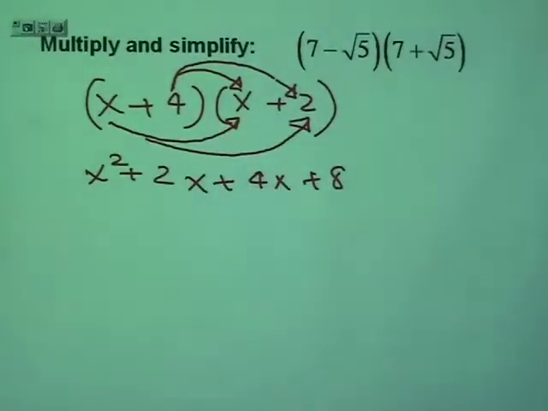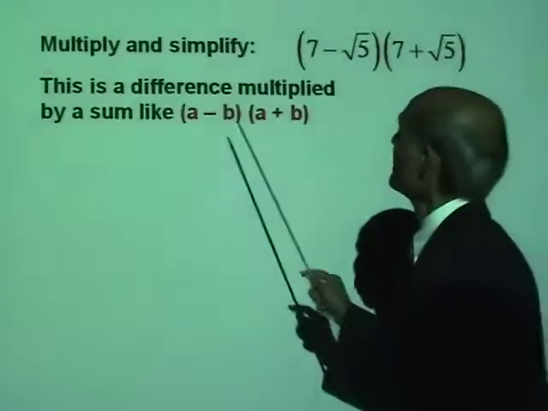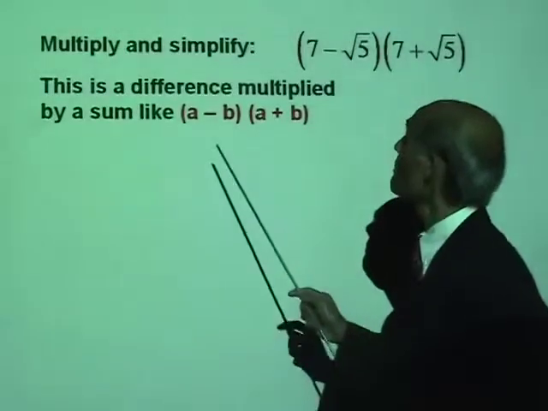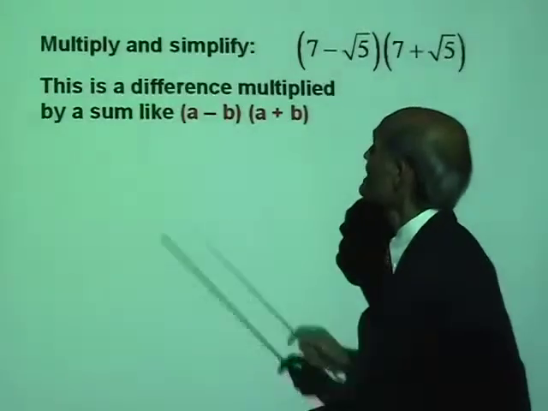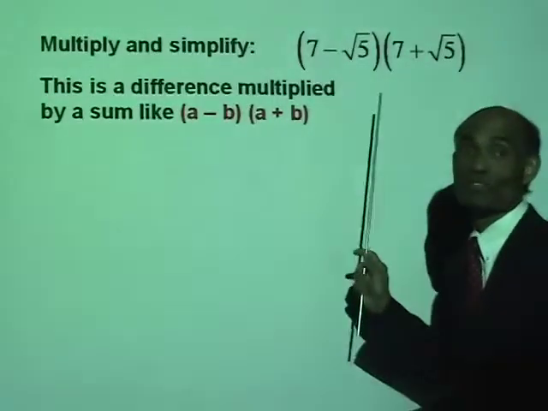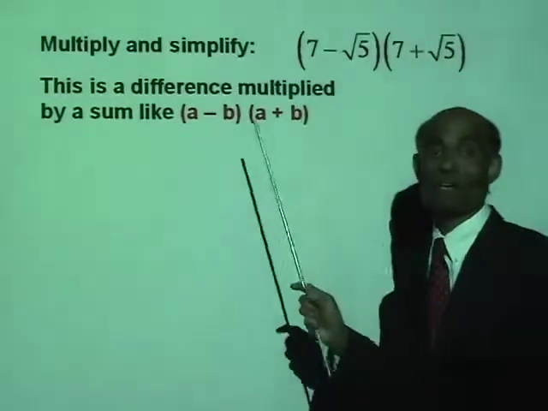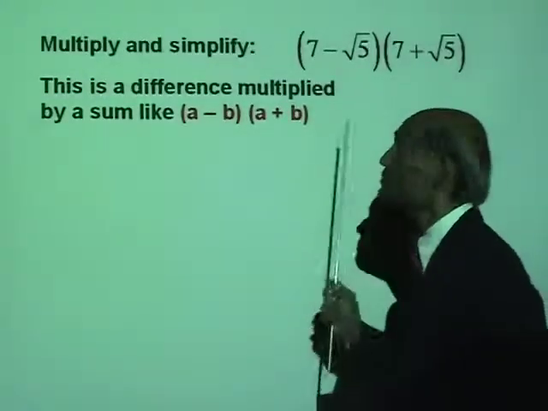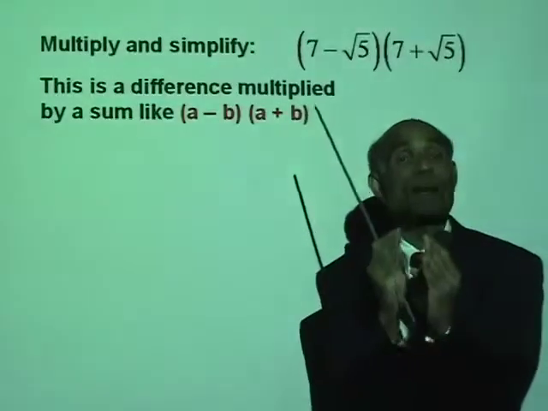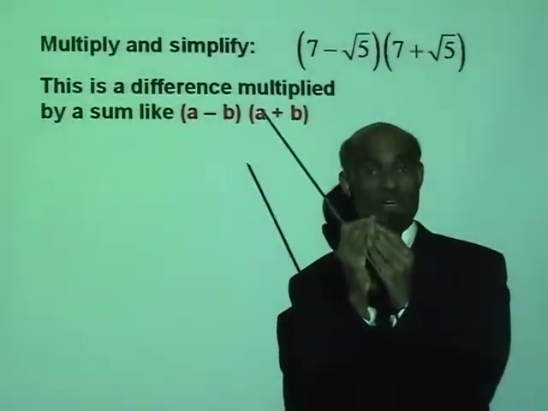Now, that will be equal to, let me take this away. This is the difference multiplied by the sum. But now, if you notice, this is actually the difference multiplied by the sum. If you multiply them out, you notice the middle terms will cancel. Is that right?